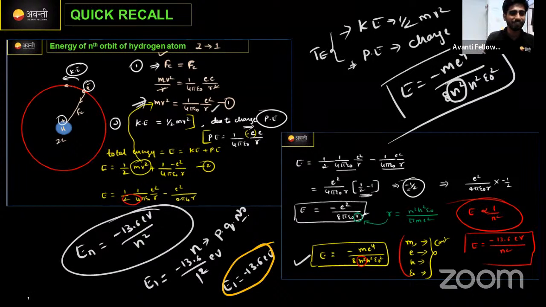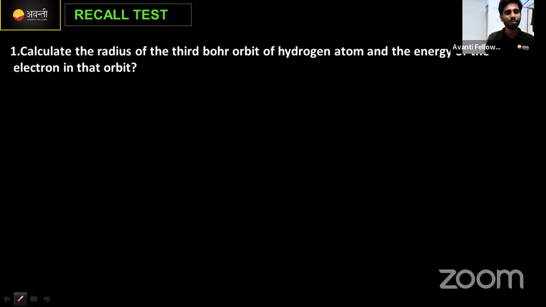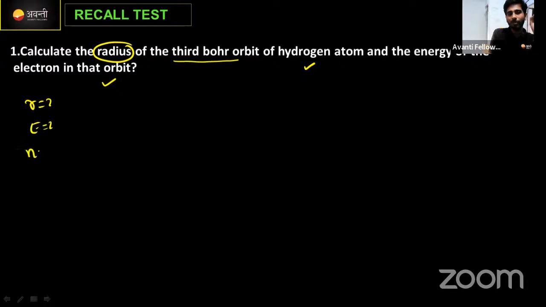Okay, then we'll move towards our today's class. Before that, I have a short question here. Try to give the answer for this question. The question says: calculate the radius of the third Bohr orbit of a hydrogen atom and the energy of the electron in that orbit. We need to calculate the value of radius and energy of the third orbit, which means n value will be equal to 3.